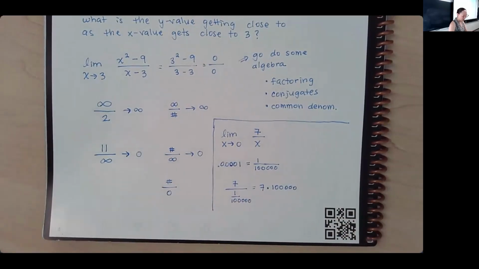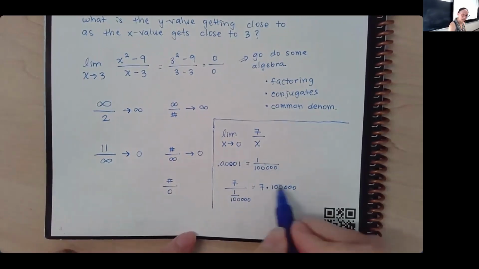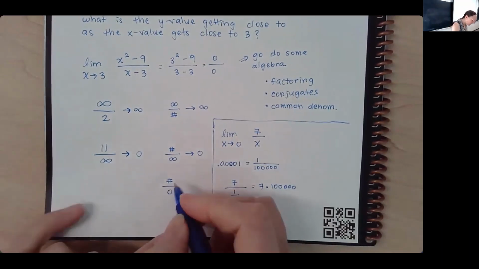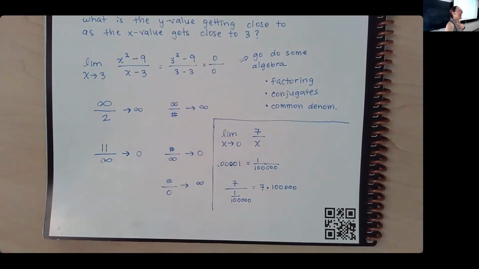So if I have a number divided by 0, this is actually getting really, really huge in a hurry. So a number divided by 0 is headed to infinity. And it's our job to figure out, is it headed to positive infinity or negative infinity?